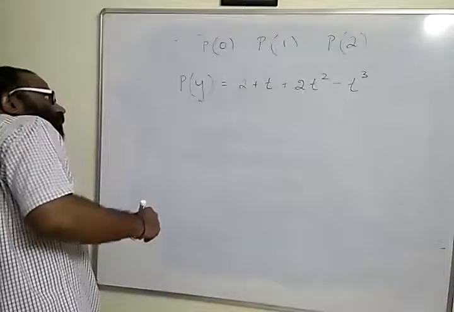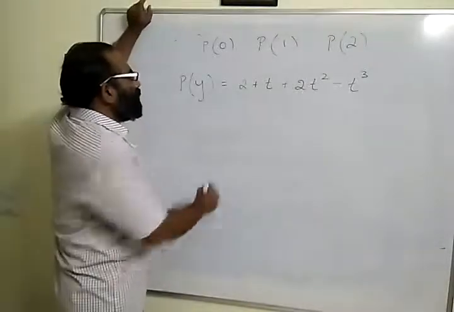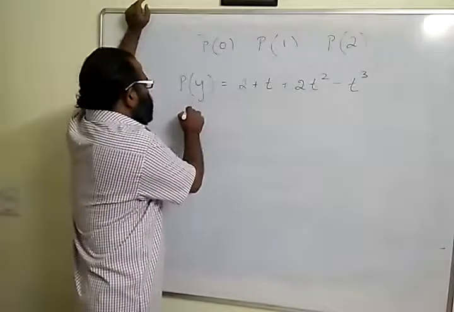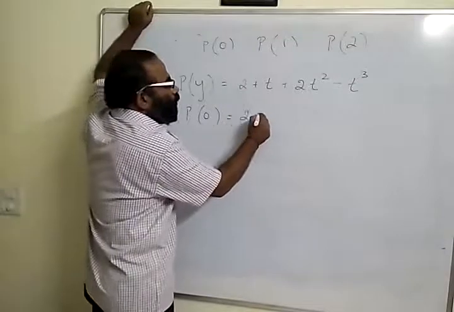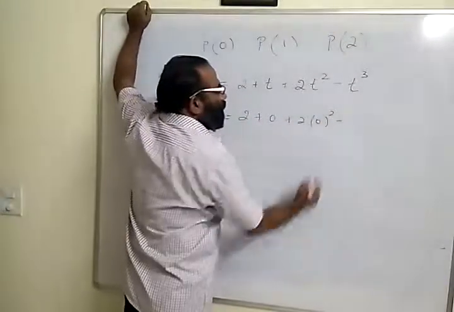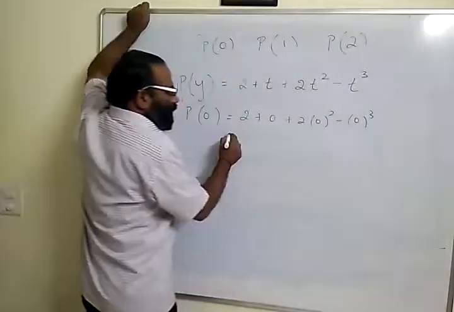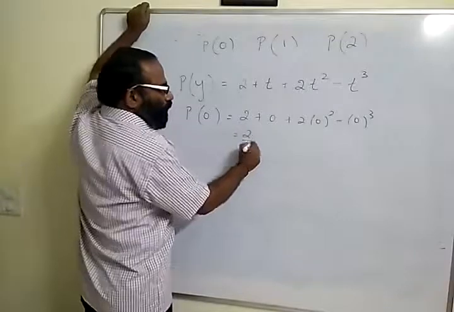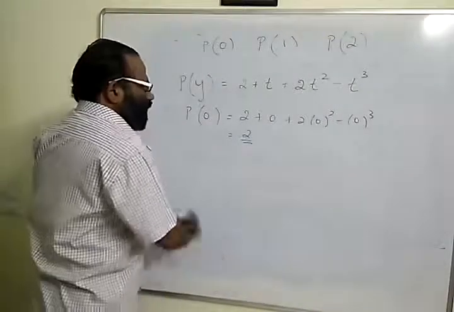So please be careful when you are doing it in case I make any arithmetic mistakes. So p of 0 is equal to 2 plus 0 plus 2 into 0 squared minus 0 cube which is equal to 2 because all these become 0.